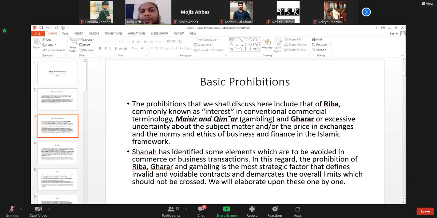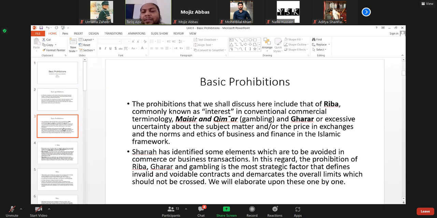For example, in classical books, the example of gharar has been given like this: I cannot sell you fish in a pond without capturing them. Unless I capture those fishes through a net, I cannot sell them, because if I sell them, the buyer will not know in advance how many fishes are there, or what is the quality of the fish. So the quantity of the fish is unknown.